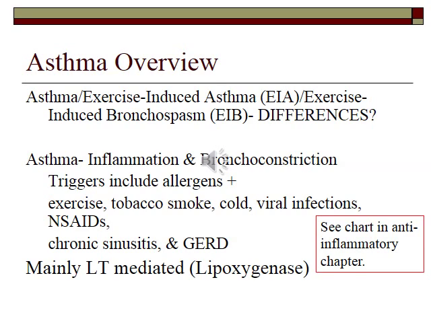So I'm looking at asthma. We have the inflammation and bronchoconstriction, and I have some of the triggers listed here. One of the triggers is NSAIDs, and we talked about this. If you go back to the anti-inflammatory chapter and look at that chart, I talked about how some individuals are sensitive to taking NSAIDs, and it allows a leukotriene-mediated response to overtake them and trigger the asthma attack.